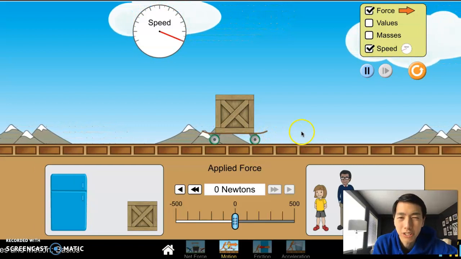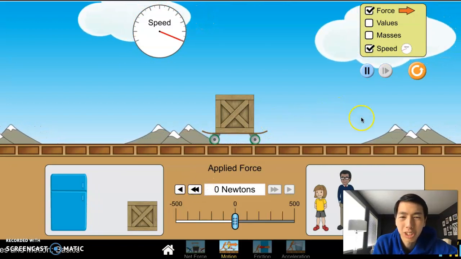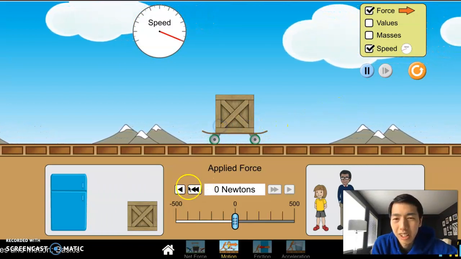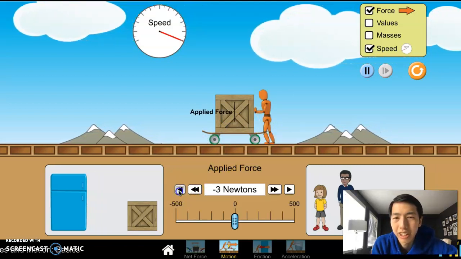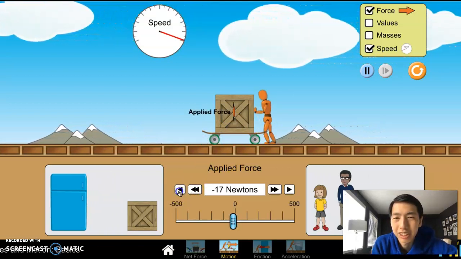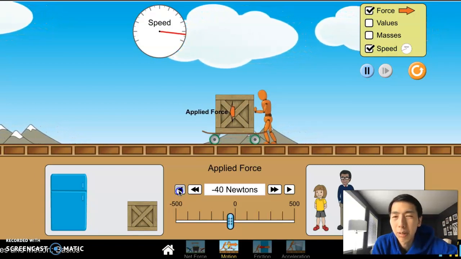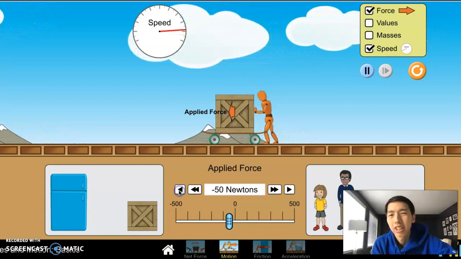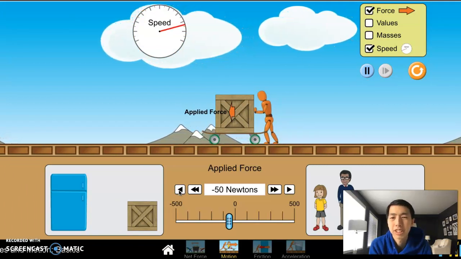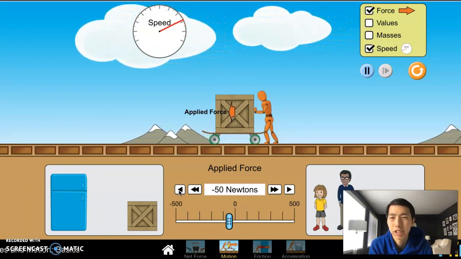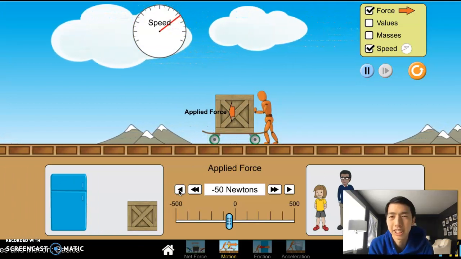All right, let's unbalance the forces again. Let's slow this down. There we go. And now you can see the speed meter at the top of the screen. The speed is slowing down because the forces are unbalanced, so it's accelerating.